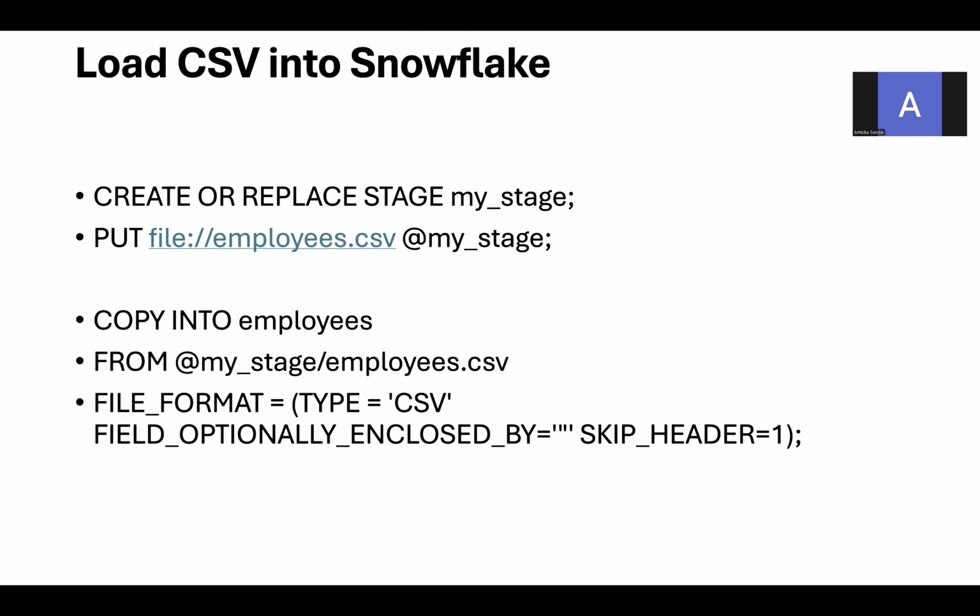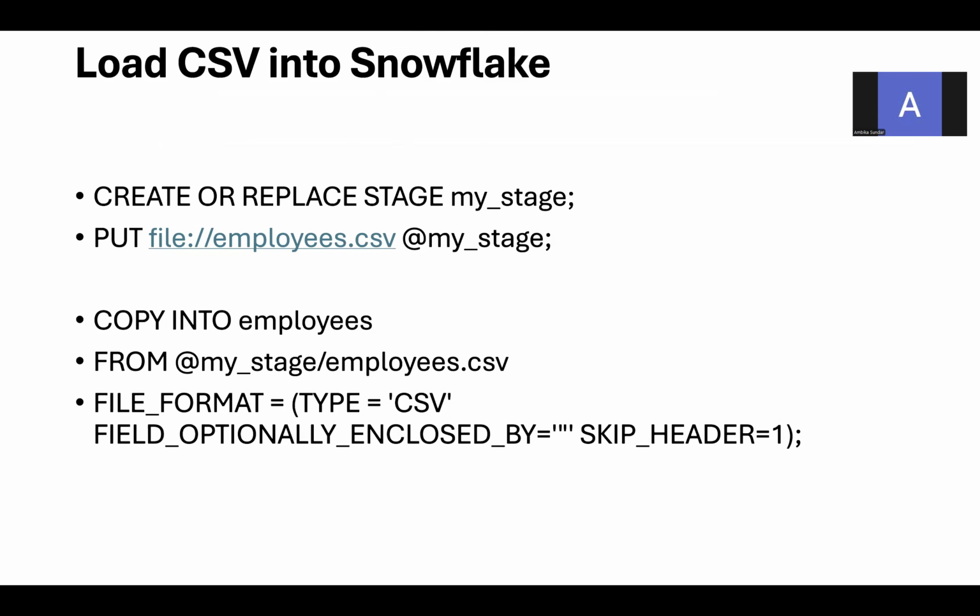When you load the CSV file using the internal stage, it means you are loading the data from the local system. First, create this internal stage. Then using the put command from that particular path, put the CSV file at my stage.